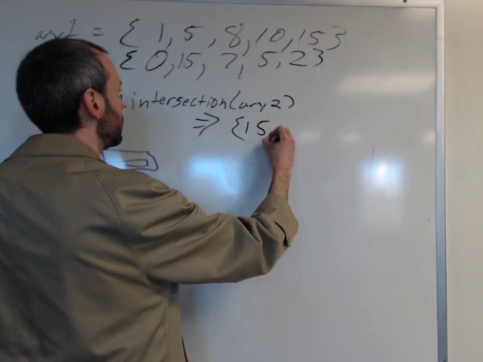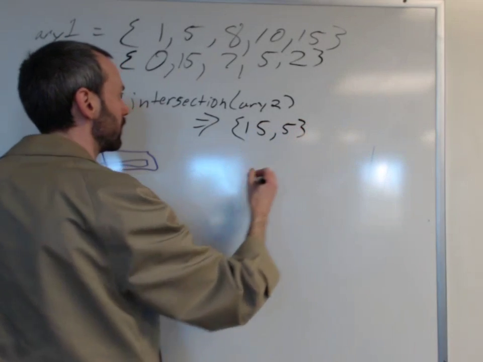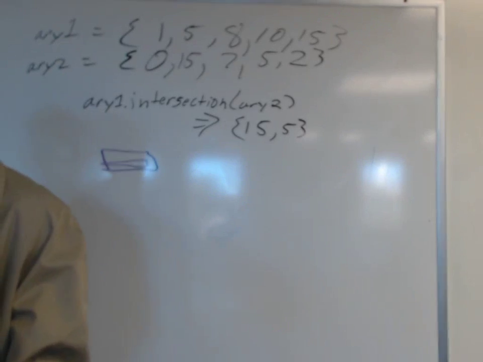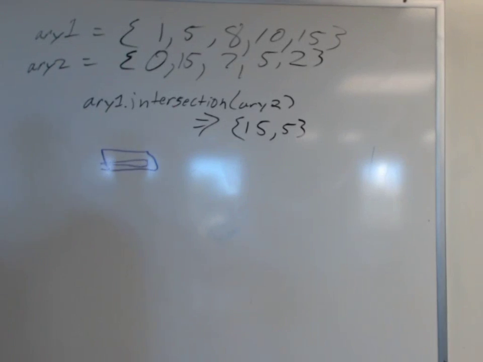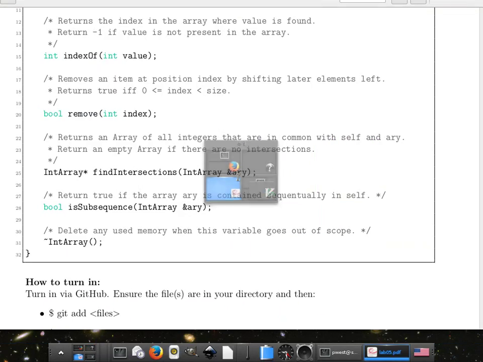No. 15, comma 5. Notice what I'm returning. This is going to be the tricky part. What am I returning? An array. A pointer. Right, it's a pointer to an int array. So in your code, when your function begins, you need to go int array star ret.